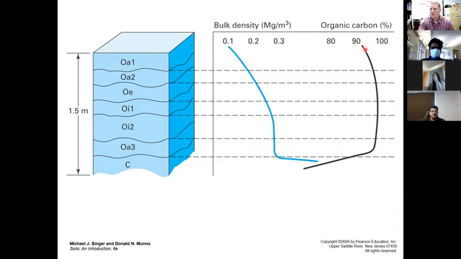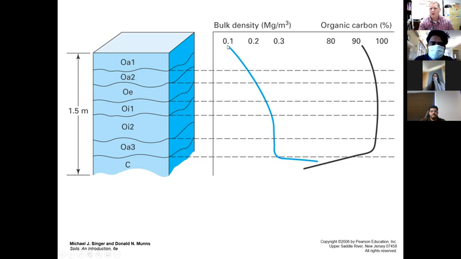So as you move down the soil profile, we've got a lot of it, right? 90, almost 100% is organic matter. And then what happens when we hit the C horizon? Look at what happens to our organic carbon. It drops off. And the reason for that is that this is mineral parent material. So it's like the rocky stuff, cobbly. Okay, does that make sense?